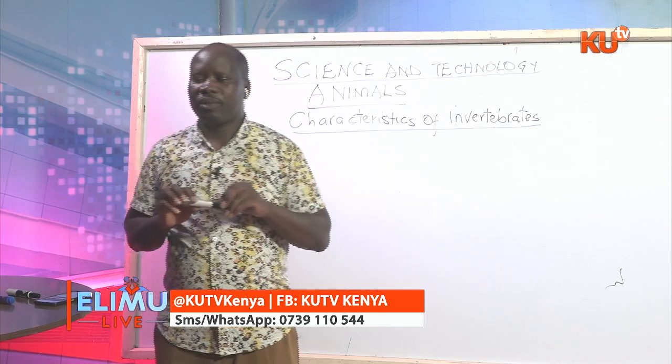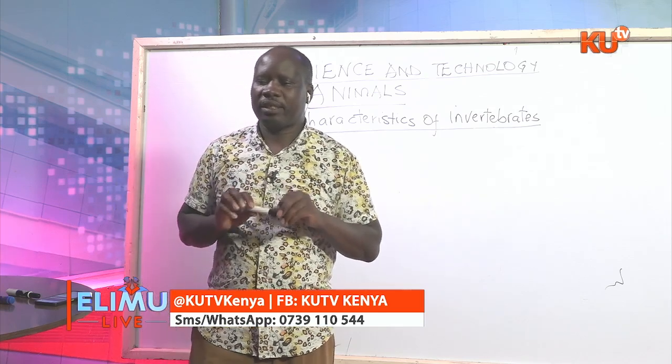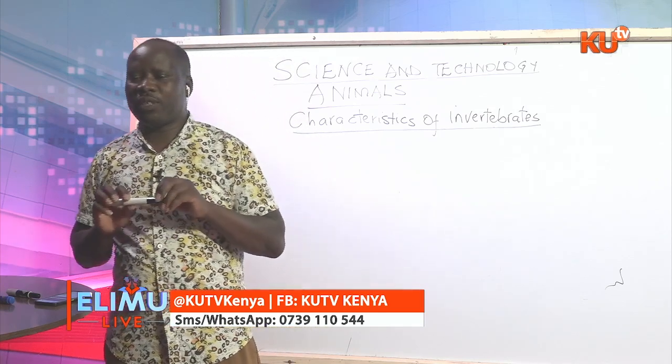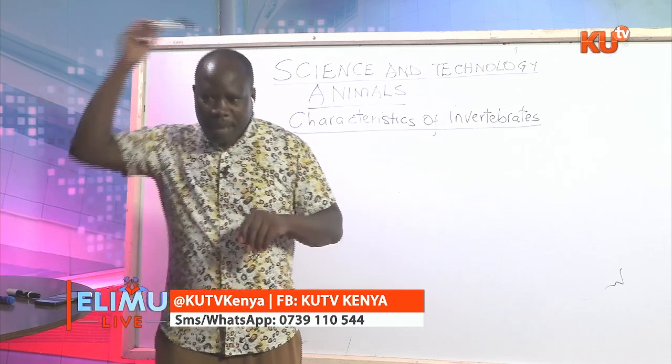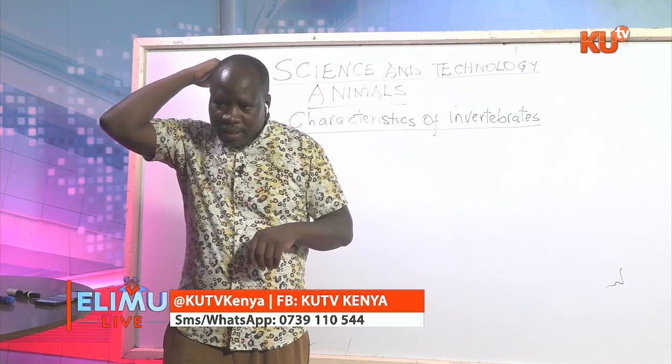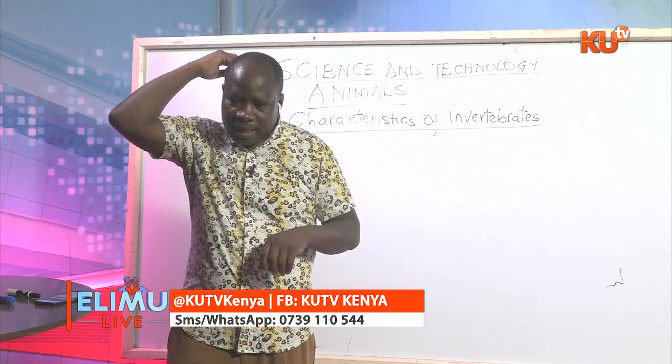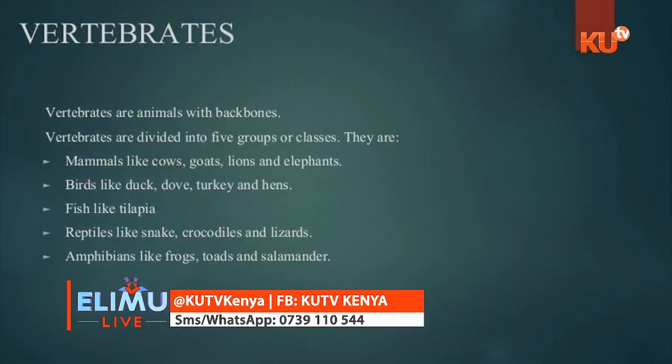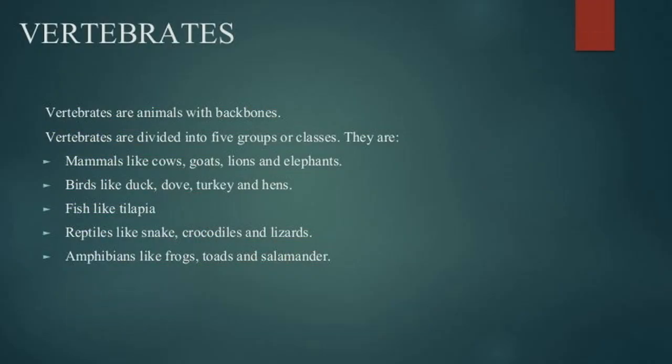During free time, you can check with your friend, with your brother, or with your sister. Look behind here, the neck. If you look from the neck running down towards the lower part, you can see that there is a bone, and that is what is referred to as a backbone. Therefore, I repeat, vertebrates are animals with backbones.